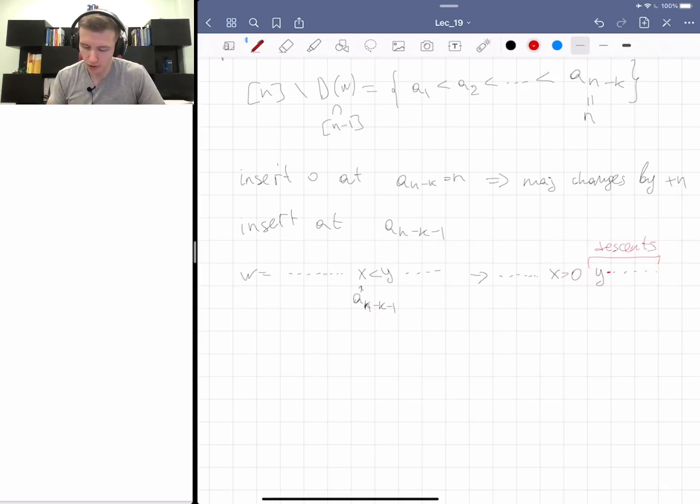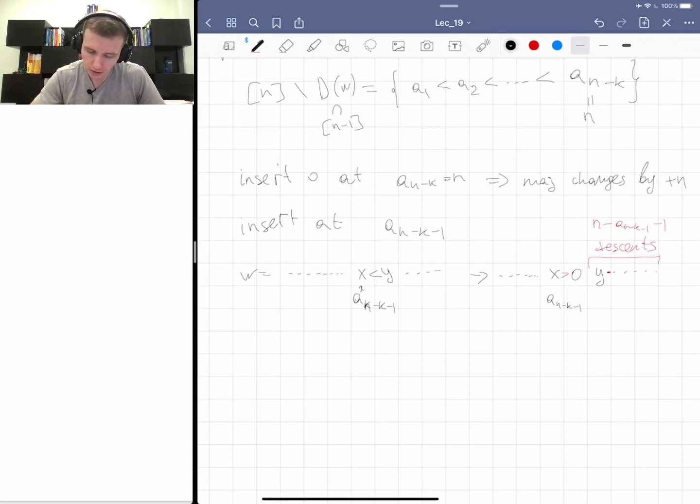So in particular, the number of descents to the right is exactly, I think, something like n minus a_{n-k-1}, minus 1 probably, whatever. And so you move all of these, right? Because by definition, this is the rightmost ascent of your permutation. And x is in position a_{n-k-1}.